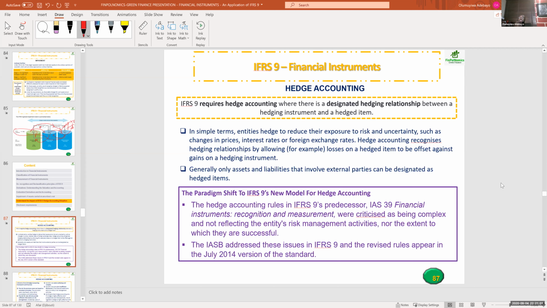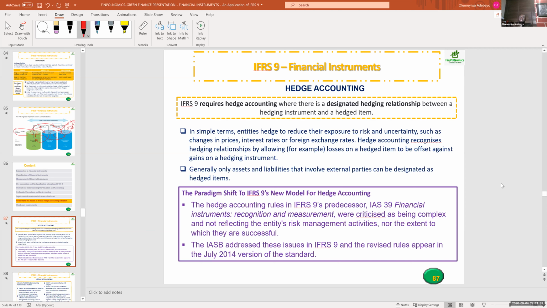Remember our discussion on derivatives and their measurement. But hedge accounting is a voluntary accounting that you elect to adopt solely to avoid accounting mismatch. If you believe that without hedge accounting, you will have mismatched your cash flows and their impact on your profit or loss, therefore, entities opt for hedge accounting.